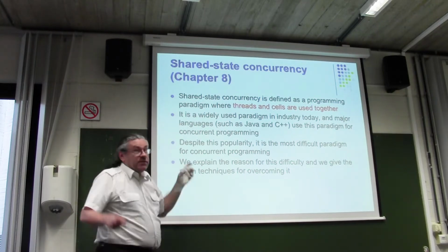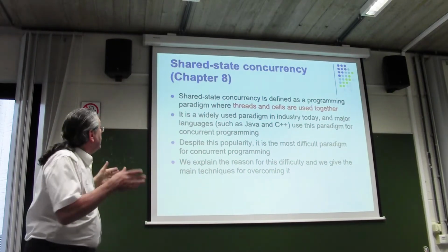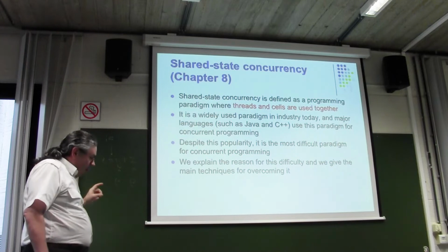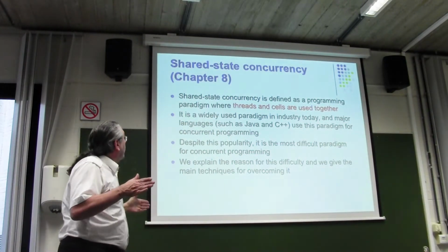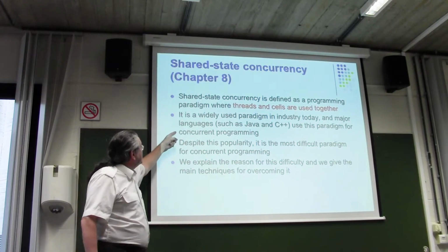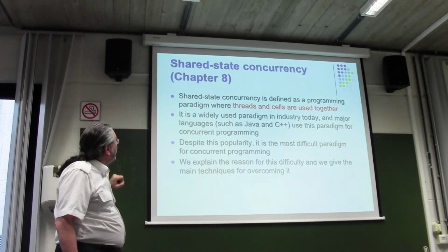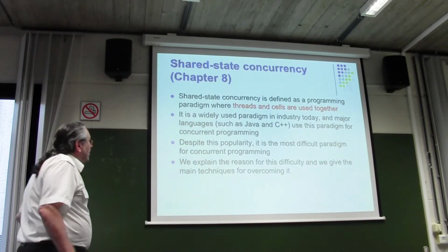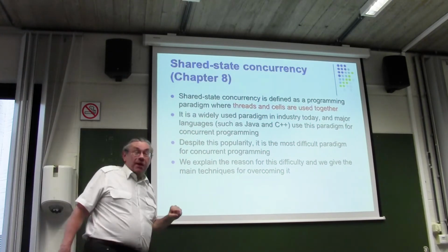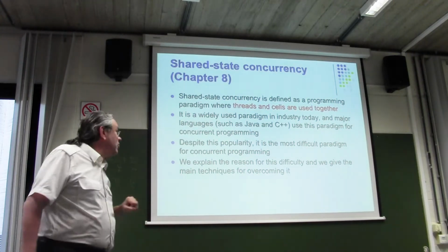Shared state concurrency. That's the paradigm we're looking at today. It's a programming paradigm in which you use threads and cells together in the same program. It's widely used, okay? Java, C++, all older languages. Some of the newer ones are doing better. They are more multi-agent, languages like Go.